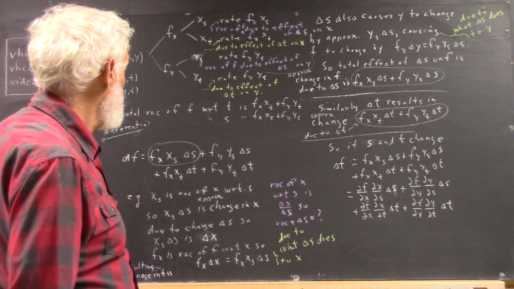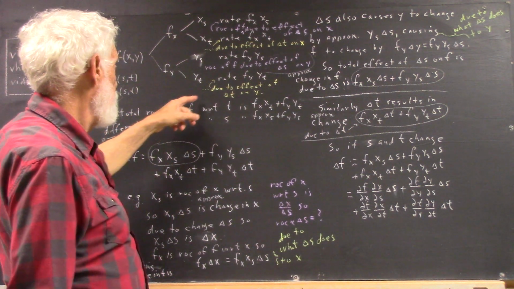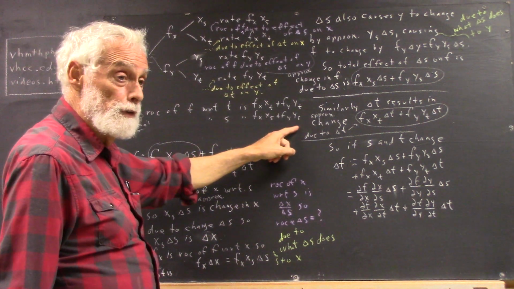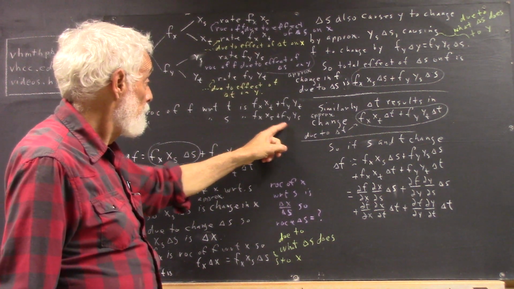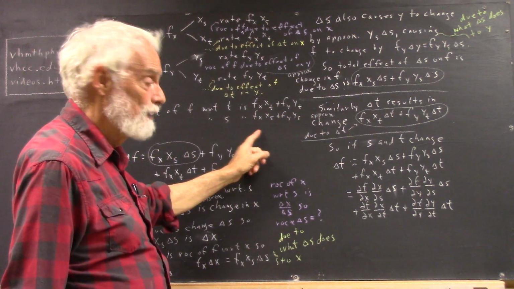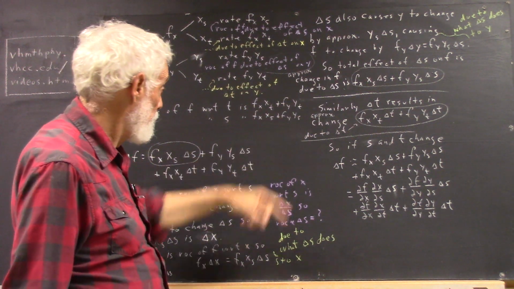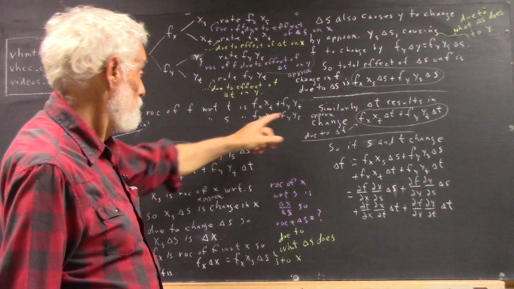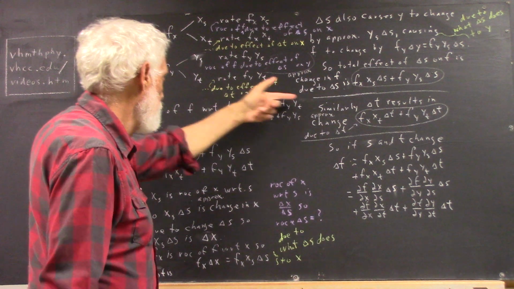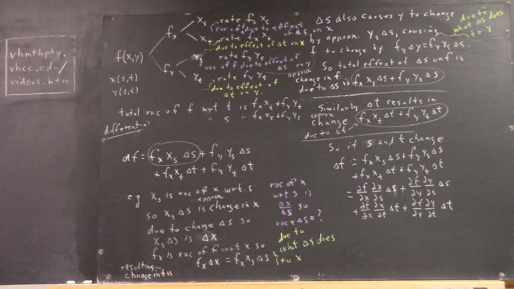Then the total rate of change of f with respect to s would then be the sum of these two changes, fx xs plus fy ys. And we add those, there's a plus in there. Okay, and similarly with respect to t.